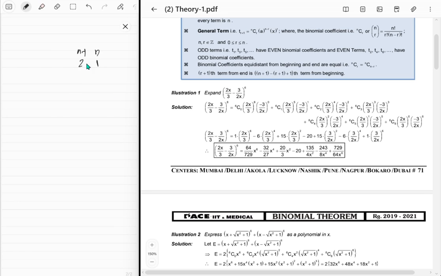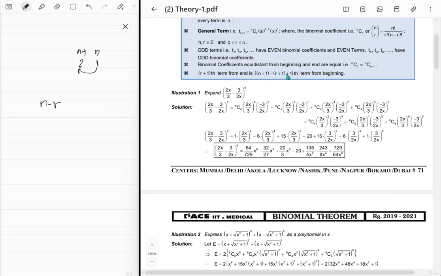So the number of jumps that you will have to make, what will those be? r jumps, right? For example, going from 1 till the (r plus 1)th term, you have to make r jumps, right? Because every jump increases your label by 1. In this case, it decreases by 1, but you get the idea. So you have to make just r jumps, and that's why n minus r.